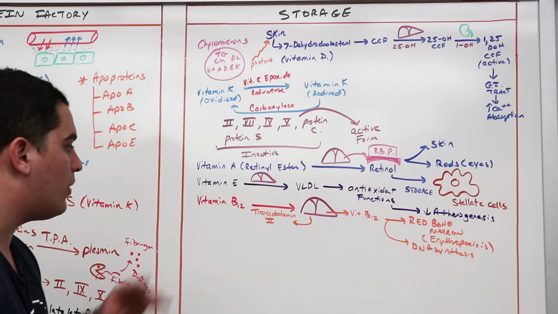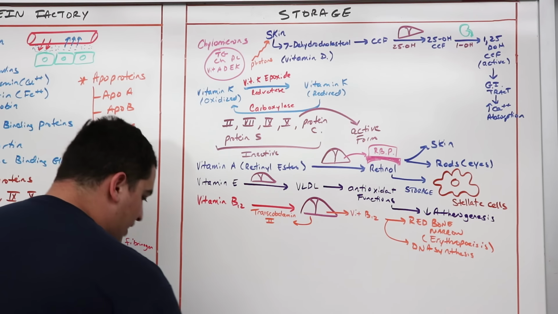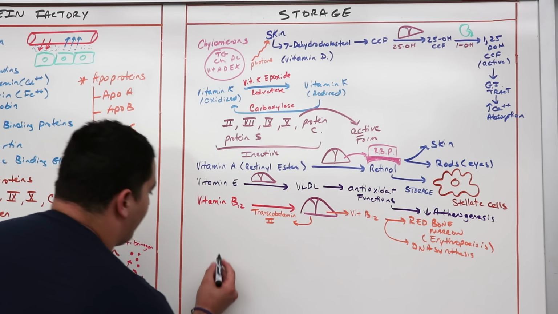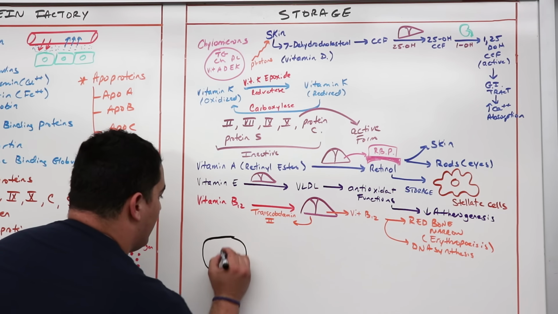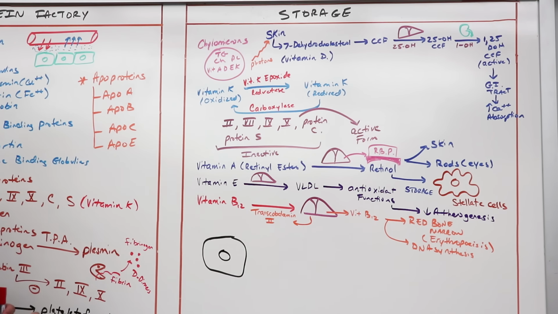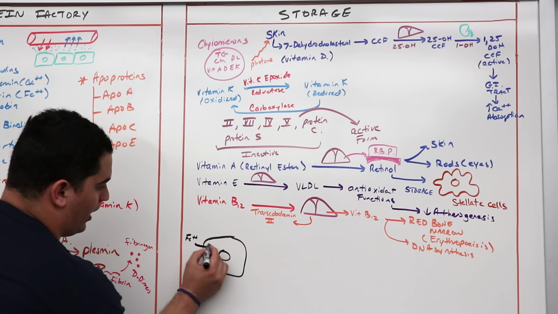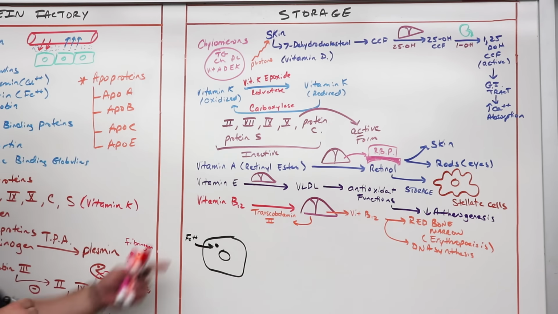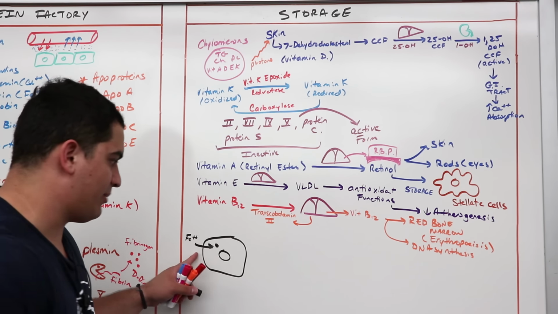Now, the next thing that I really want to talk about is the copper and the iron. We've already talked a lot about this in the individual videos, but let's say here's an enterocyte. And you know that the iron is brought into the enterocyte via specific proteins like DMT1, divalent metal transporter.